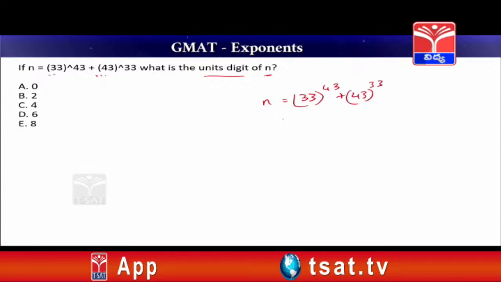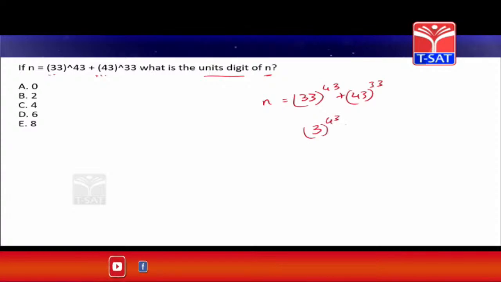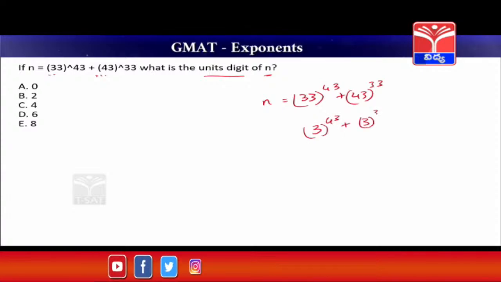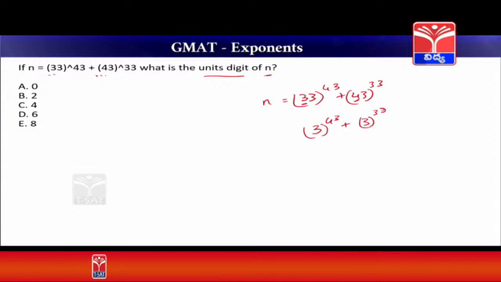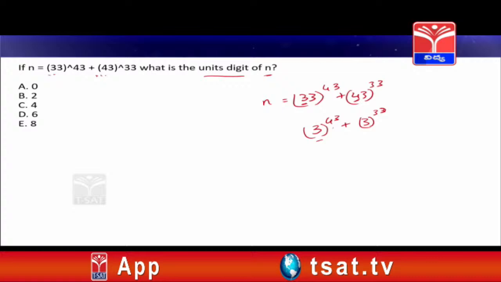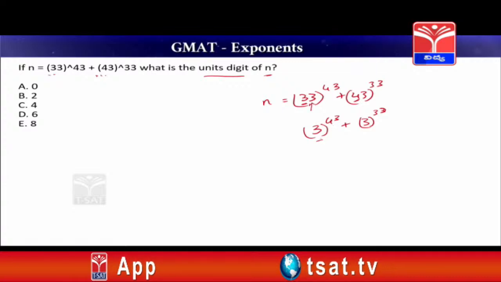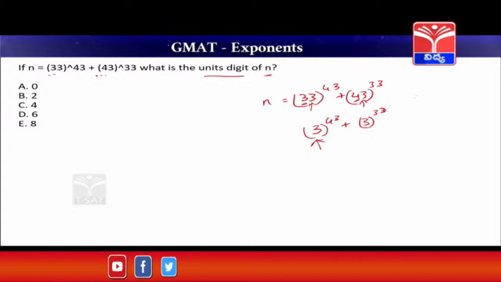So this will have the same units digit as 3 raised to 43 plus 3 raised to 33. We can forget whatever comes before our units digit, that is here it is 3 and 4, and just focus on the unit digit. Unit digit here is 3. So I wrote here 3 to the power of 43 and 3 to the power of 33.